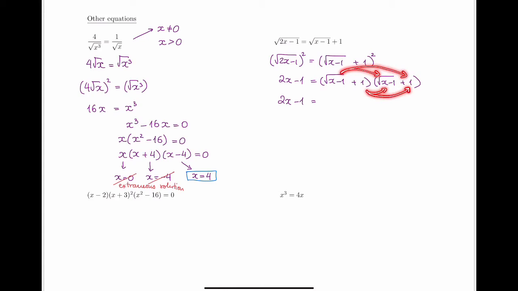You will notice that square root of x minus 1 times itself will give you x minus 1, and then I'm going to have plus 1 of the roots plus the second one of the roots. So I'm going to have this term 2 times square root of x minus 1, and then plus 1 remaining from 1 multiplying by 1.